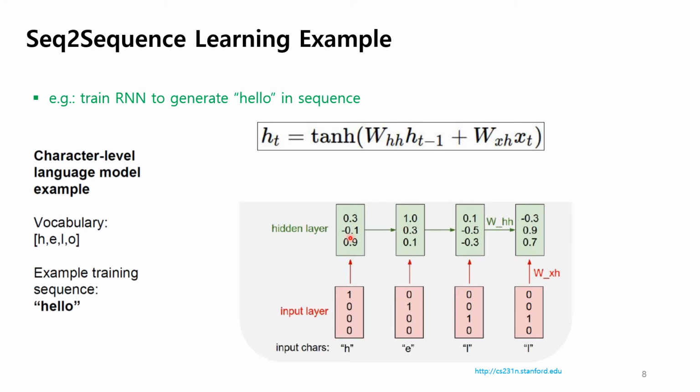Okay, so the input H is given, and using this formula, which I explained in a previous slide, the value of the hidden node is computed using the input and the previous state. In this case, there is no previous state, because this is the first step.